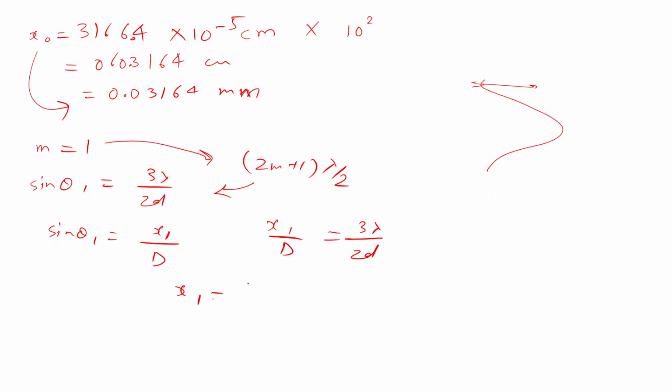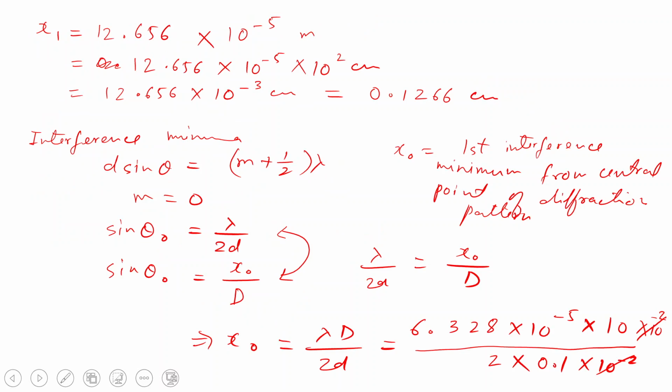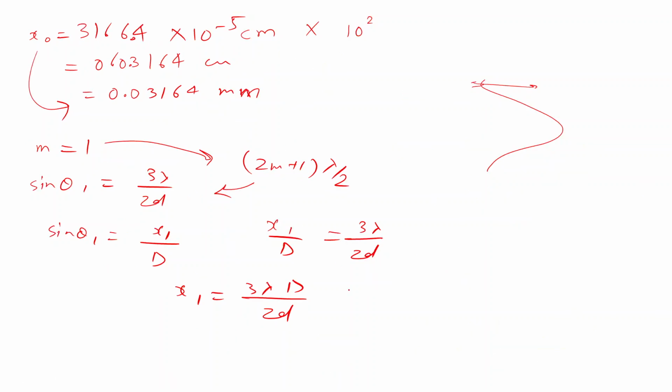From here x1 will be 3 lambda D by 2d. So whatever answer we got, we have to multiply it by 3: 3 times 0.03164 is 0.09492 millimeter. This is the next interference minima under the first diffraction minima.